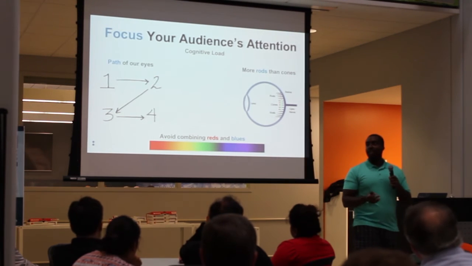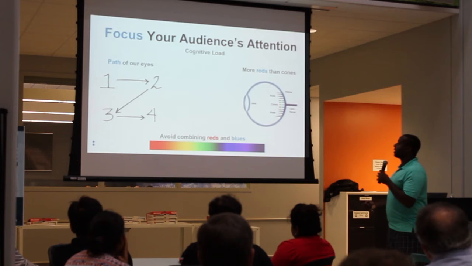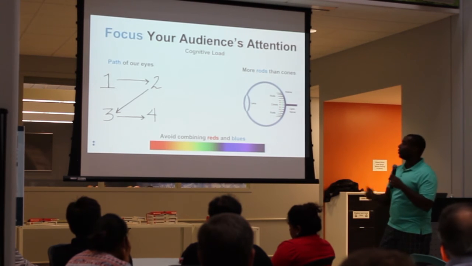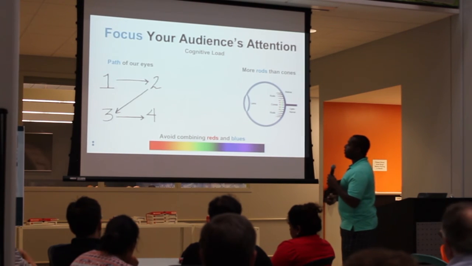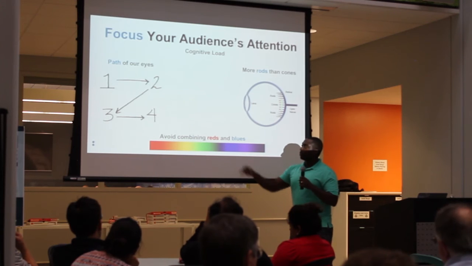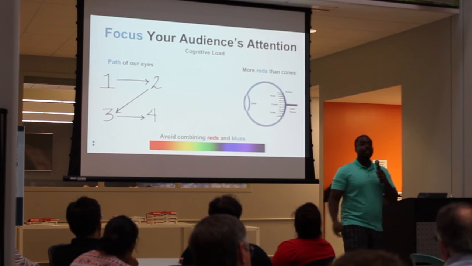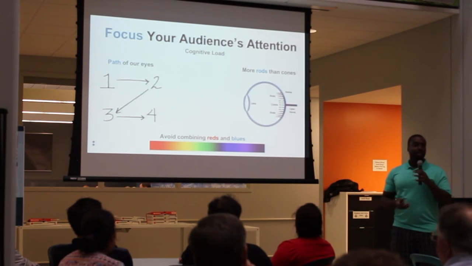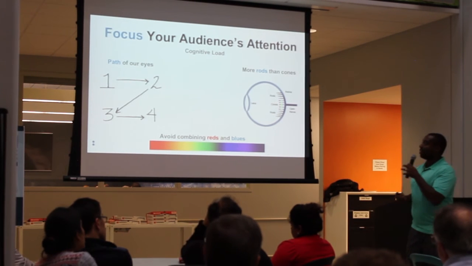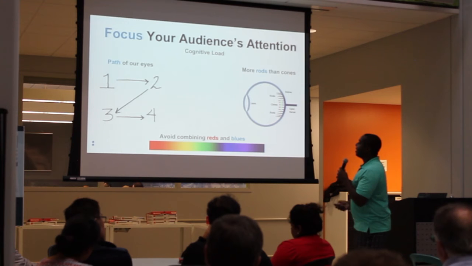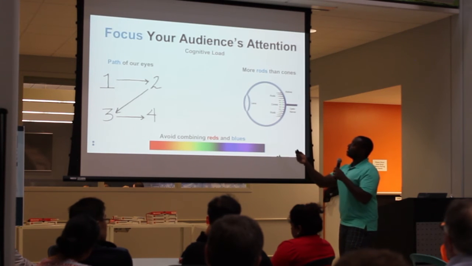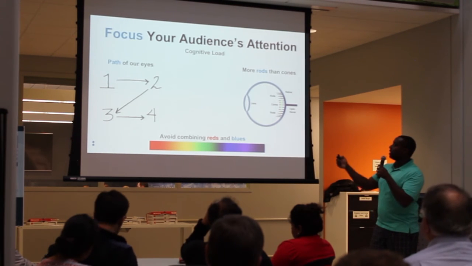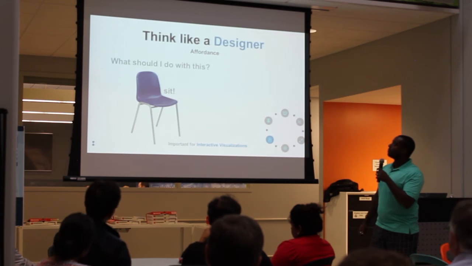They're really long in one case, really short in the other, and your eye has to continue to decipher those. So you might want to avoid reds and blues, and 8% of men have red-green color blindness. You want to take that into account as you build a visualization as well. So that's just how you can remove cognitive load and think about color.